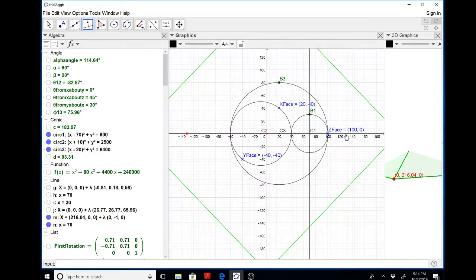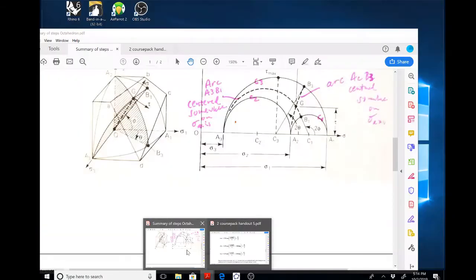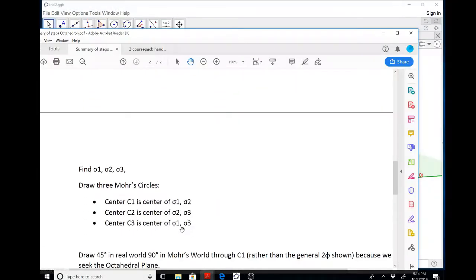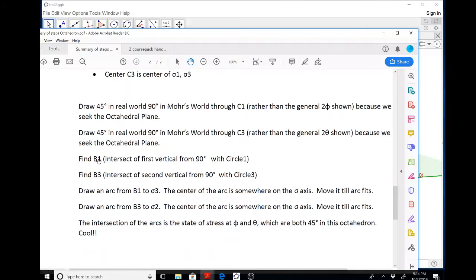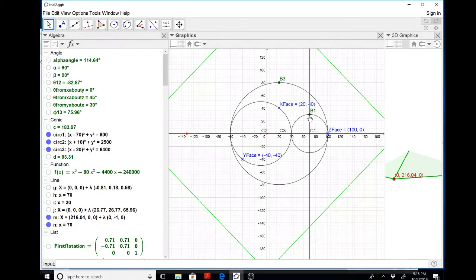Let's just leave it at C1 here. And then the next step is to find B1, which is the intersection of that line with circle 1. So there it is. It's at 12 o'clock.